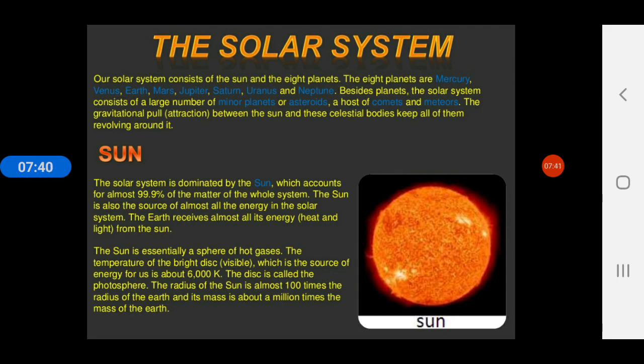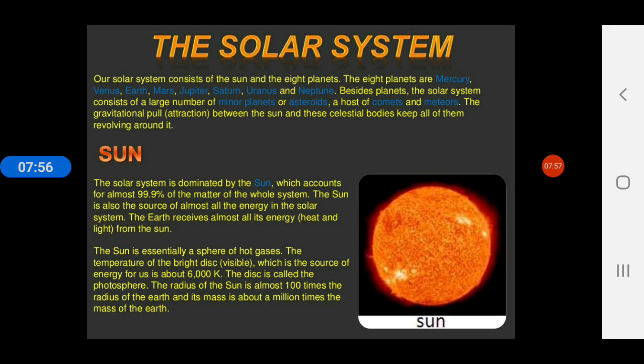We get all the energies from the sun, whatever form of energy it is. In class 7th, we have studied that all the forms of energy are actually received from solar energy.